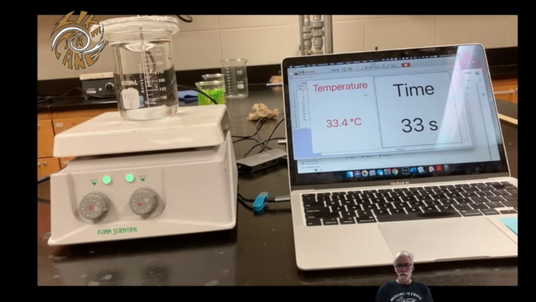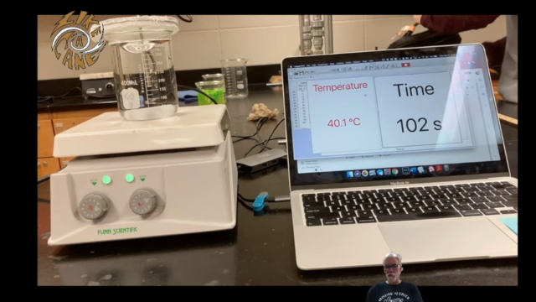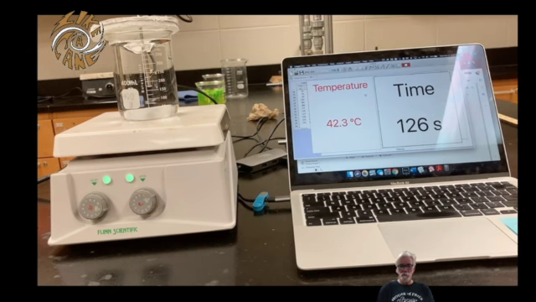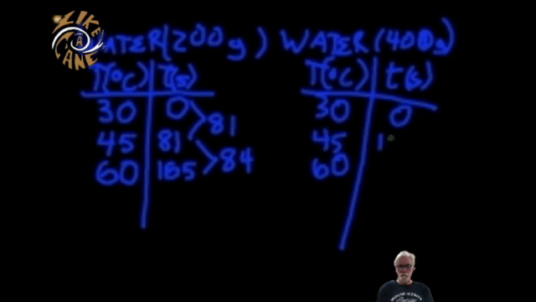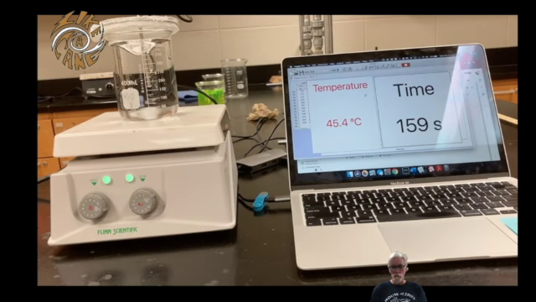We're speeding time up again until we hit 45 degrees. Now as we approach 45, we're going to slow time down to regular speed. And there we are. So we record this 156 seconds to raise 400 grams of water by 15 degrees. And then we begin to warm it again.